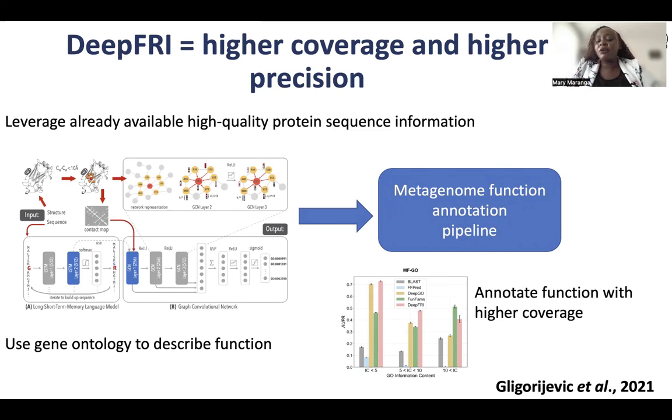DeepFRI uses graph convolutional networks to annotate proteins. It takes input protein sequence and structure and outputs the gene ontology probability. This method was developed by a collaborator from the Flatiron Institute, and it has been shown to annotate proteins at higher coverage and accuracy in comparison to methods like BLAST and DeepGO.